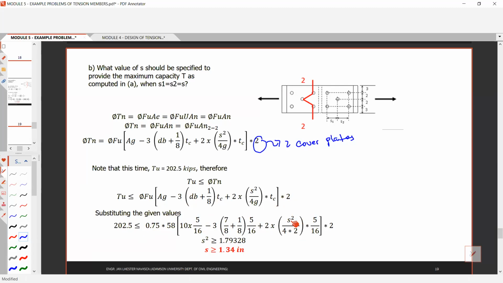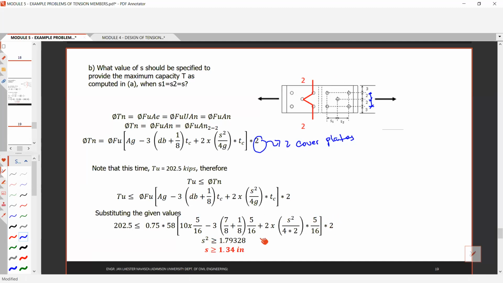So your S is unknown, your g is 2 inches. This is your g, the perpendicular distance to the direction of loading, that is 2 inches. Times the thickness of the cover plates, which is 5/16 multiplied by 2.